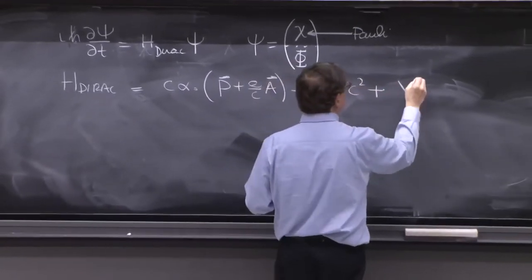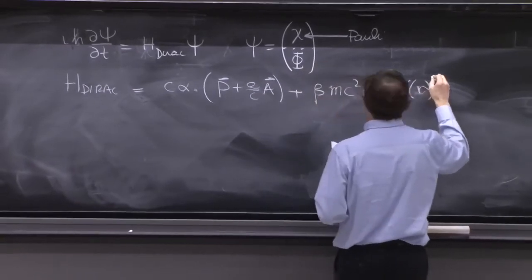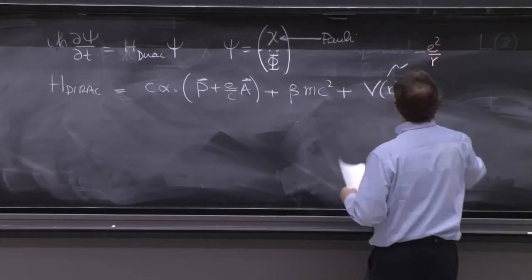And you still have to add the potential V of r that comes from, say, minus e squared over r.